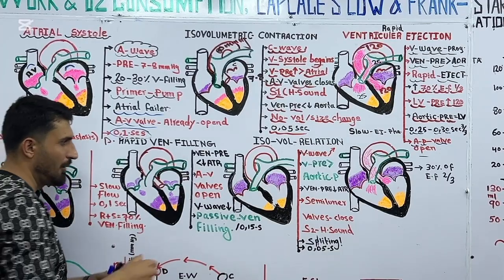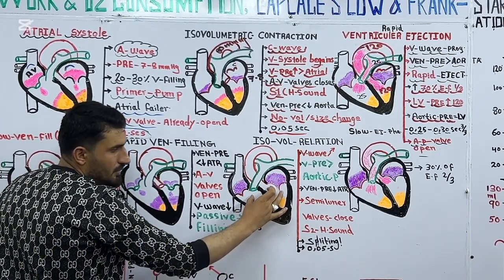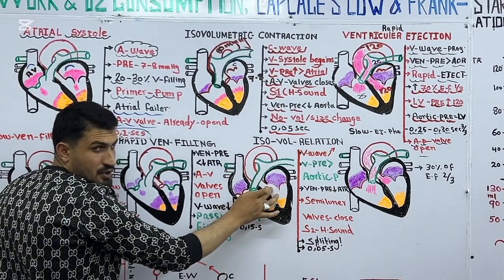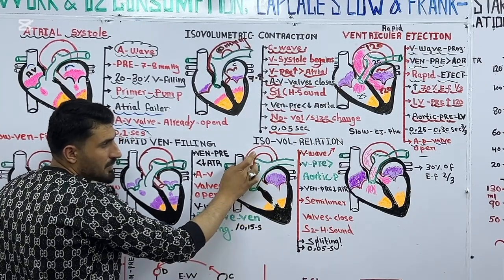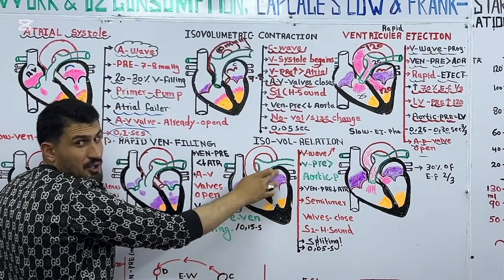Listen to me carefully. Now the left ventricle pressure falls below the aortic pressure, and it's more than atrial pressure.